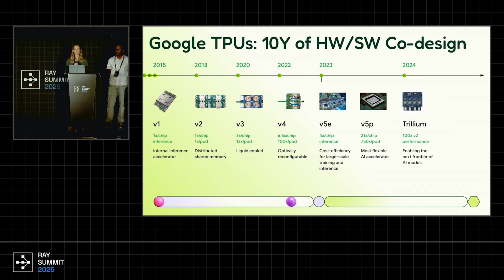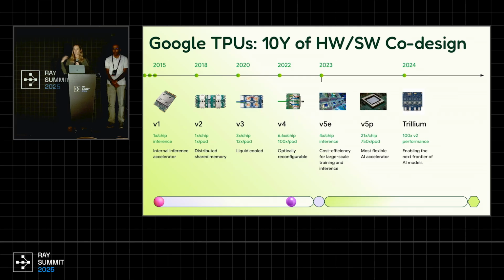They have hardware components like MXUs that provide significant speedup on massive matrix multiplication. They also have something called ICI interconnect, which is specialized networking that connects TPU chips within a pod, and those pods can be sized up all the way to 9,000 chips using this really fast interconnect. We iterate on this every single year.